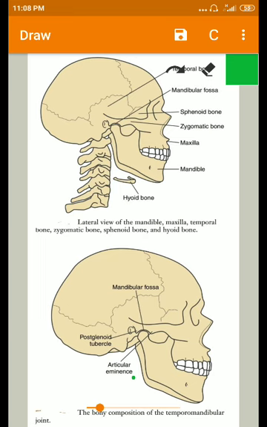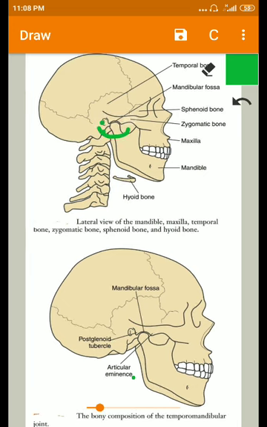Such tissue is called fibrocartilage. So this kind of synovial joint is called an atypical synovial joint.